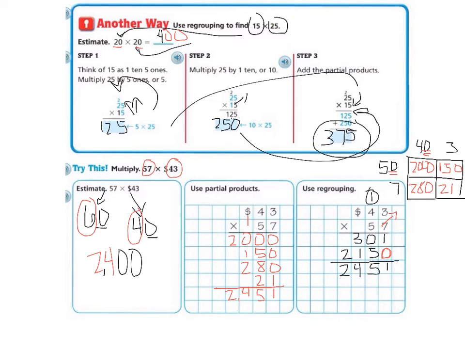And bring down the 2, so I get 2,451. My answers match. So even if I do partial products or if I do regrouping, I get the same number. So we need to decide sometimes which way is easy for us to do. We will continue practicing these two methods tomorrow in class.